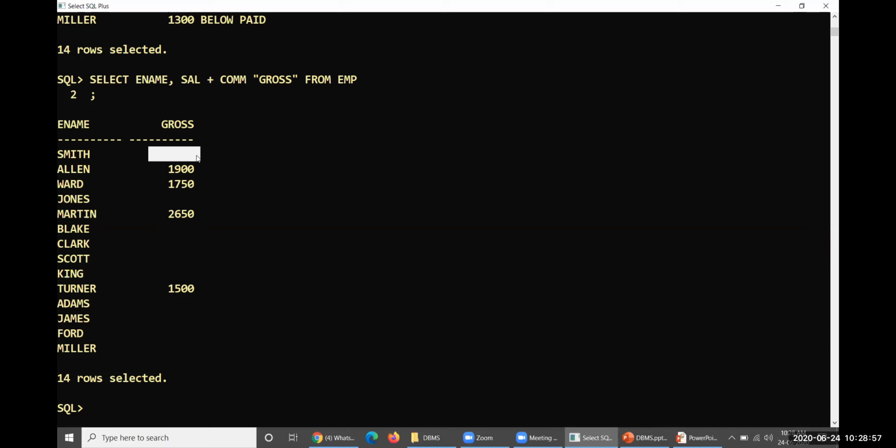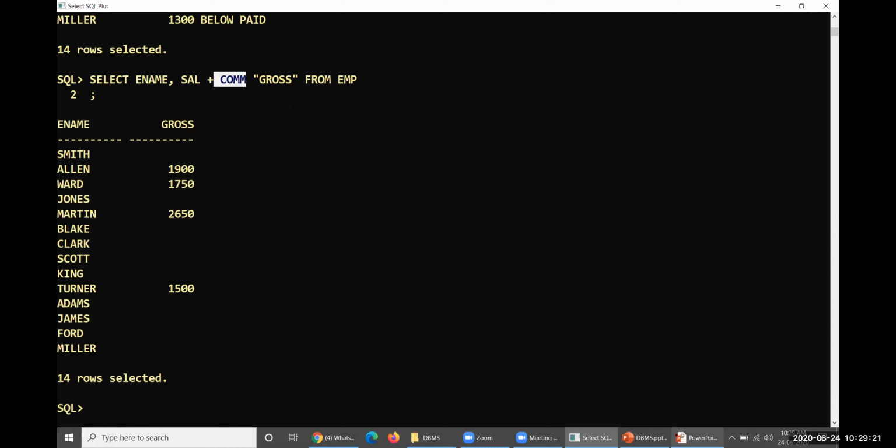Instead of null, if I put 0 for the instance of time, I don't want to store 0 in the database, but for evaluation I have to place 0 here. For commission where null is there, I have to place 0. Then salary plus 0 is the same salary.